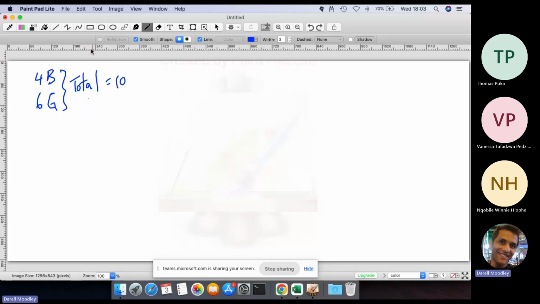Now let's say we are presented with this bag and we can't see through it. This bag is not transparent. You can only stick your hand into this bag and pull out 1 marble. You're not able to see it, and that makes it a random draw.